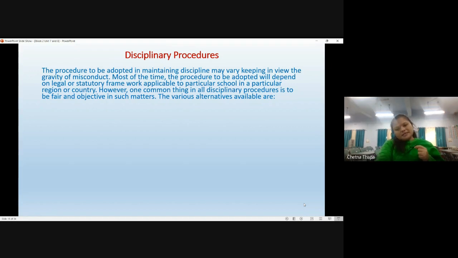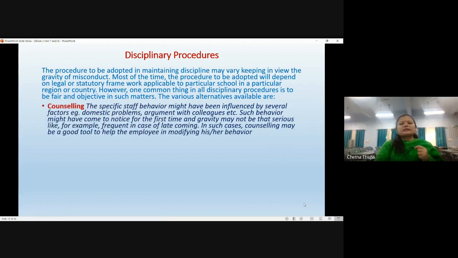The various alternatives which are available are: the first one is counseling. The indisciplinary behavior or misconduct which has been done by a particular teacher might have been influenced by several factors. It might be due to some domestic problems, or due to arguments with colleagues.